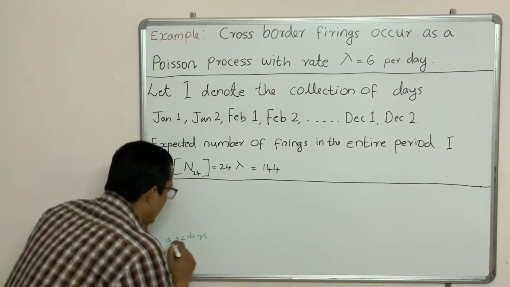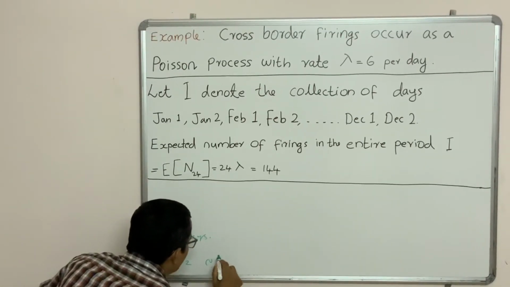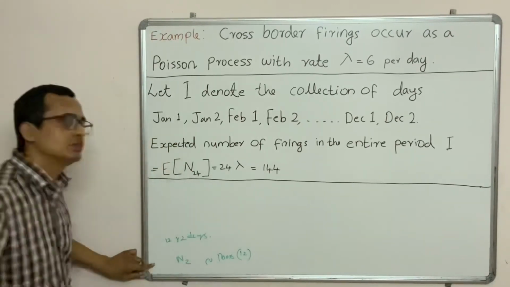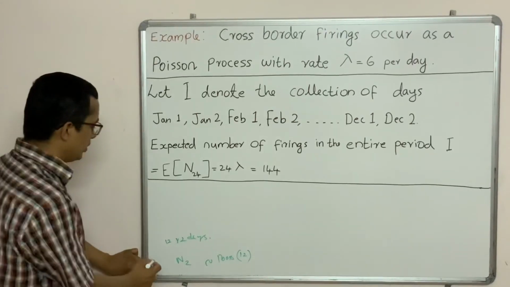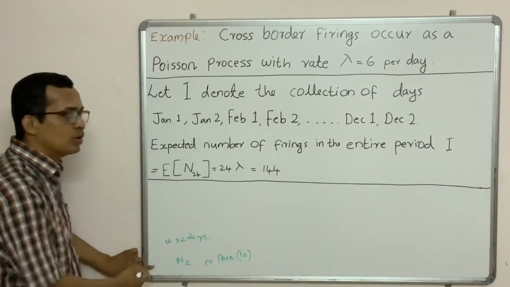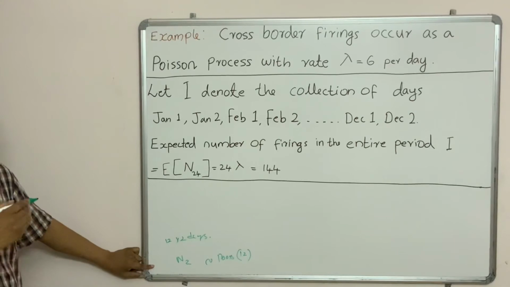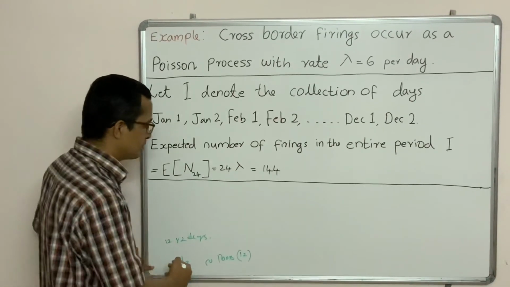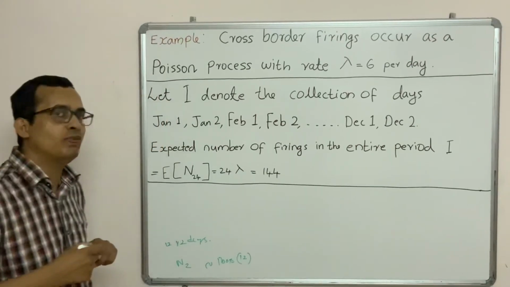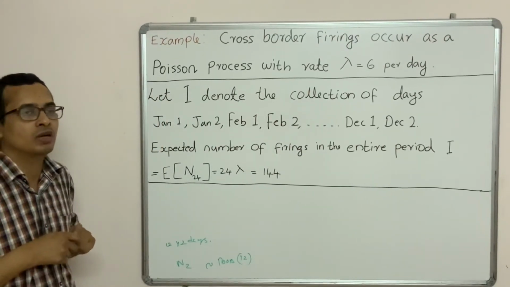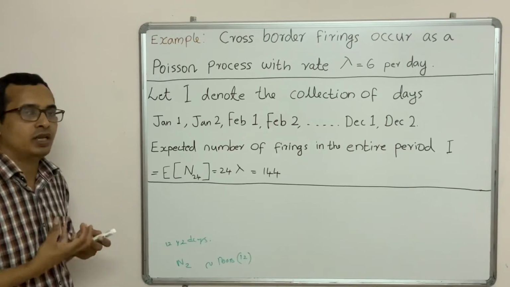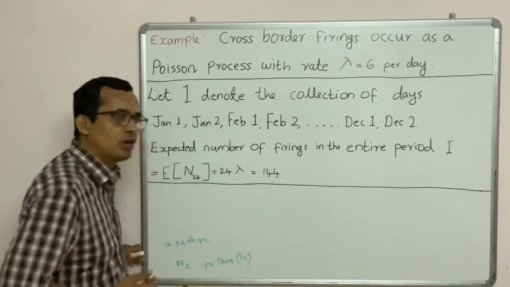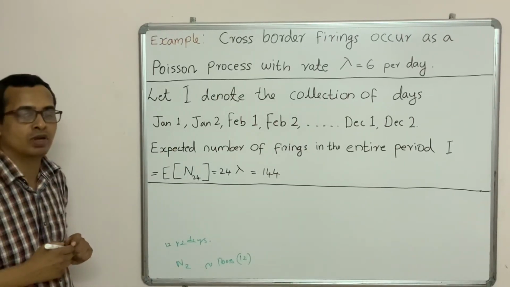That N2 we know is Poisson with parameter 2 lambda, which is 12. Now we are looking at 12 independent copies of N2 because of the independence property. So you get the expectation of the sum of 12 independent copies of these Poissons, and each has mean 12. So 12 times 12, 144, is the answer.